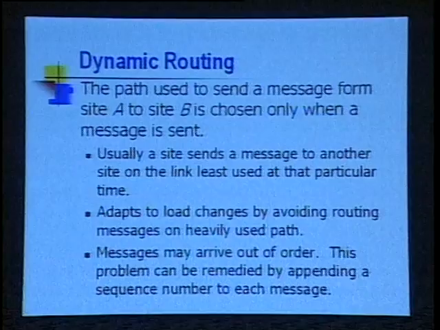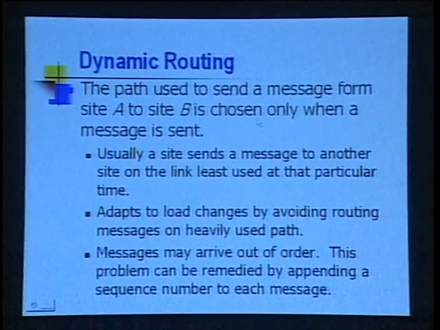As the messages come, the path of the message from machine A to machine B is determined. The path used to send the message from site A to site B is chosen only when the message is sent. And usually a site sends a message to another site on the link least used at that particular time.